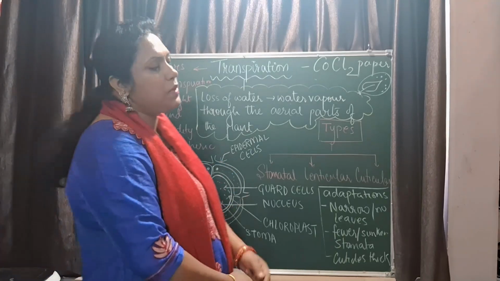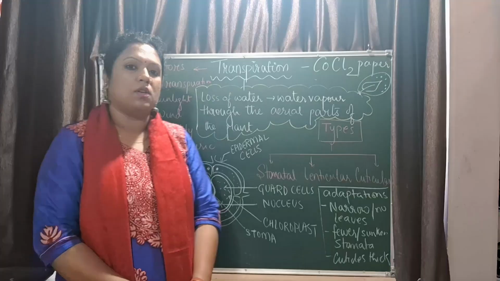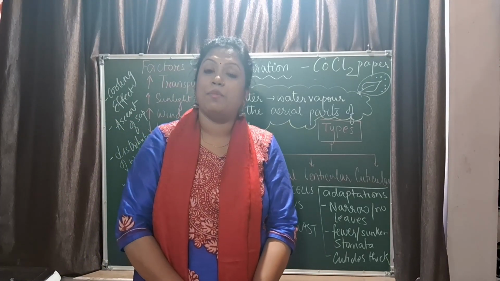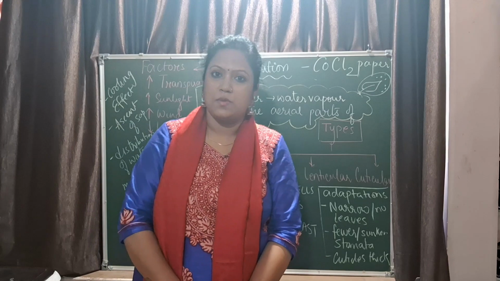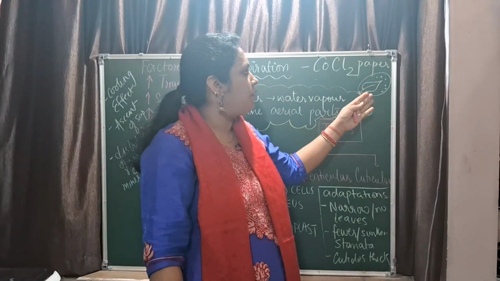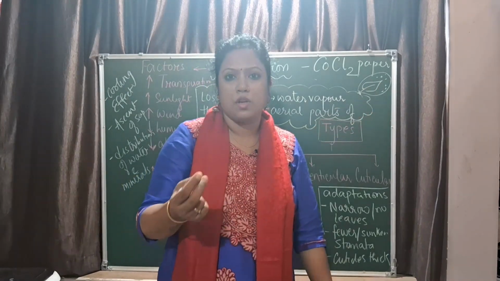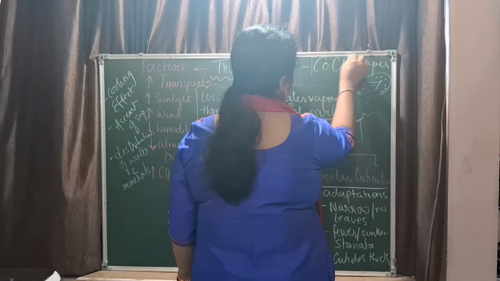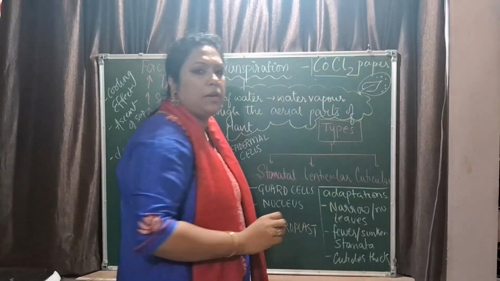The definition of transpiration is often asked: loss of water from the aerial parts of the plants in the form of water vapor is called transpiration. In transpiration, there is loss of water from the leaf in the form of vapor, which can be detected by a paper called cobalt chloride paper.